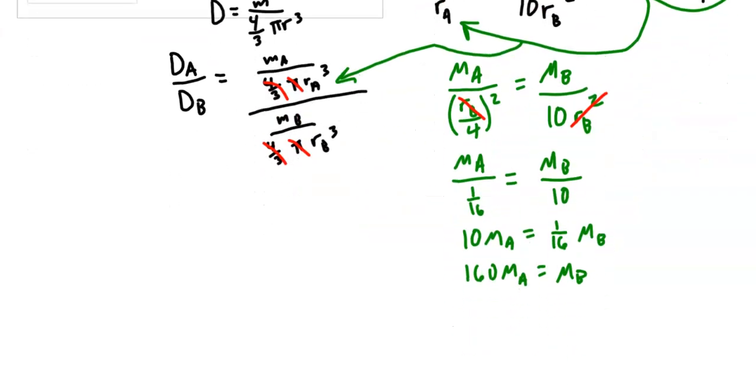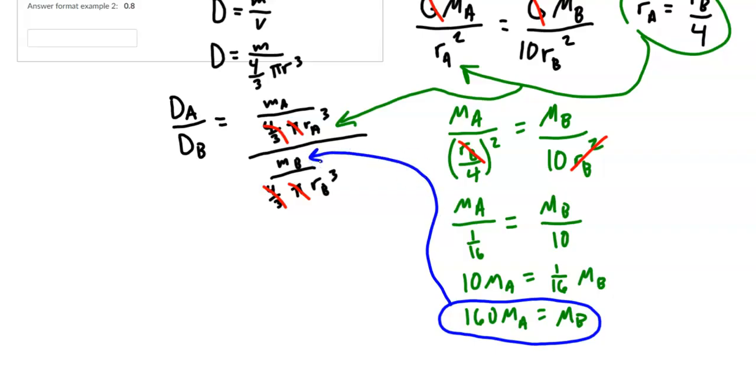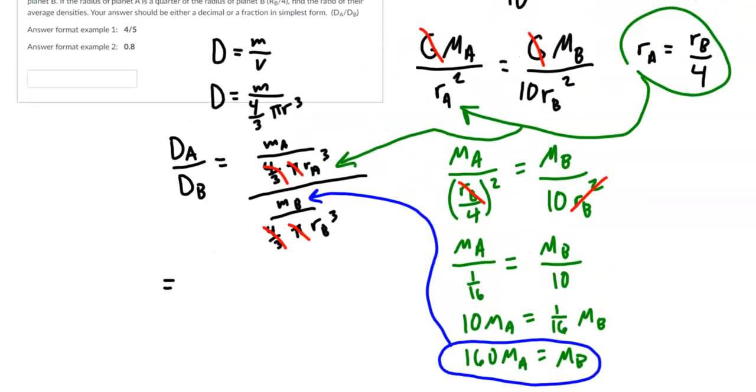And I have a way to replace MB with MA, so I'm going to do that here. Then a bunch of stuff will have to cancel out, but it should all work. So let's see if I can get all the algebra to play out nicely, and not use up all of my video here. This is turning into a very long one.